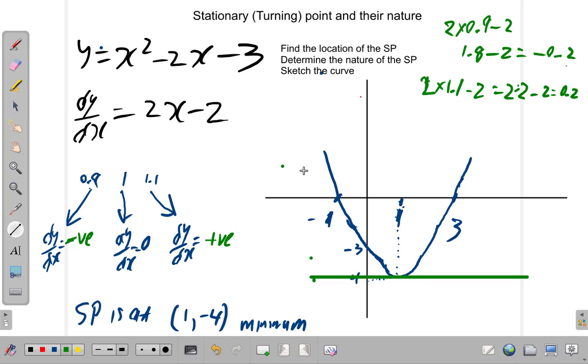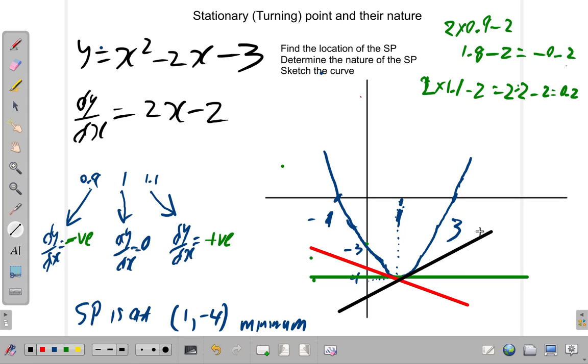To the left you have a negative gradient, meaning the tangent would run from upper left to lower right. And to the right is a positive gradient, meaning the tangent would run from lower left to upper right. Let me use different colors for these tangents.